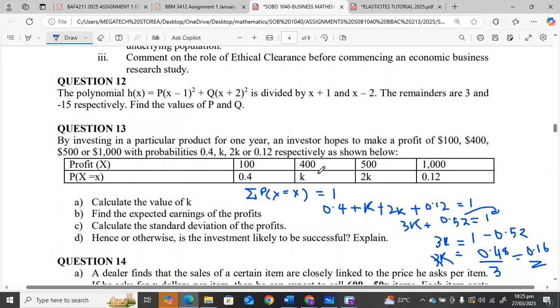So the probability of making $400 is 16%, 0.16. The probability of making $500 is 2 times 0.16, which is 0.32. Any questions?